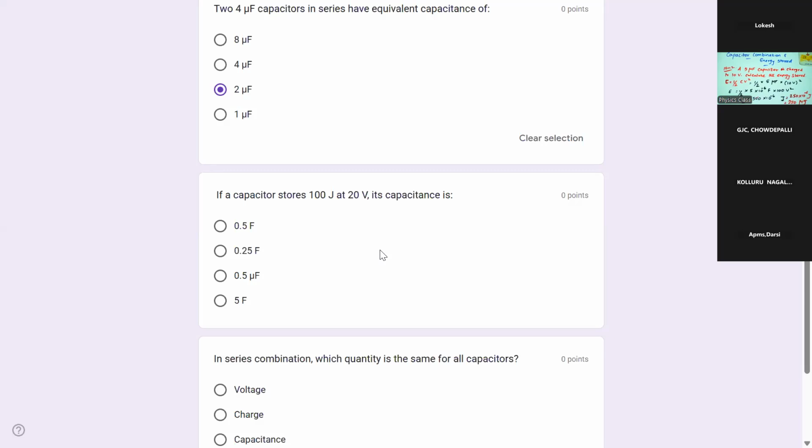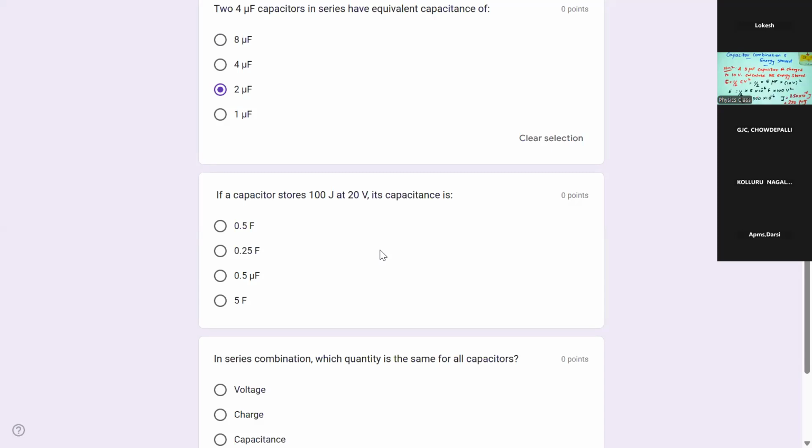Already I gave you a formula. E is equal to 1 by 2 CV square. Yeah. So C equal to 2 into E by V square. E is 100 joule. So 2 into 100 joule by V square, 20 volt to the whole square.